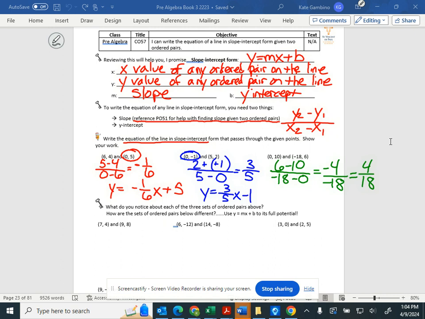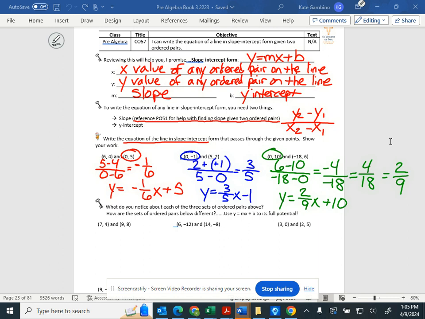You have to simplify. We're going to divide a 2 out of it. So we do have to simplify that slope, and you get y equals 9x plus 10.